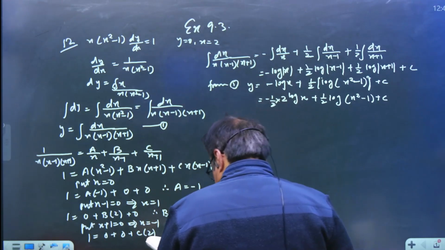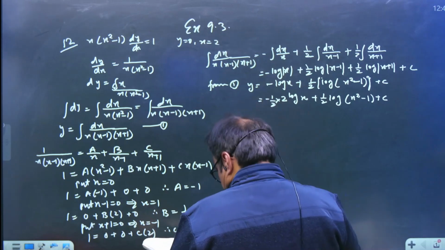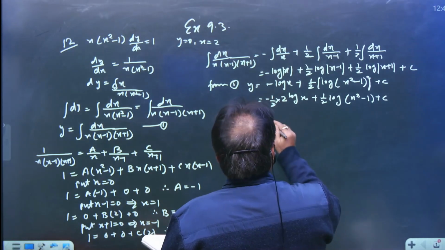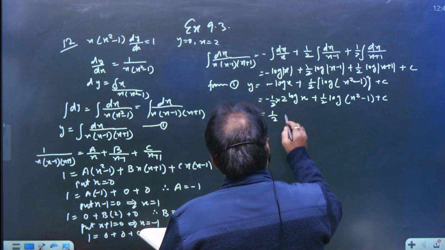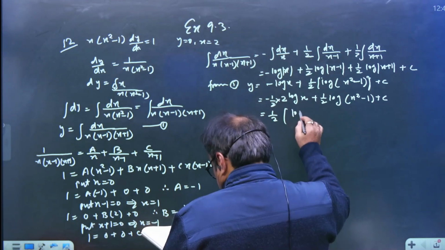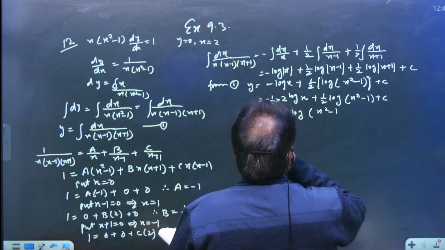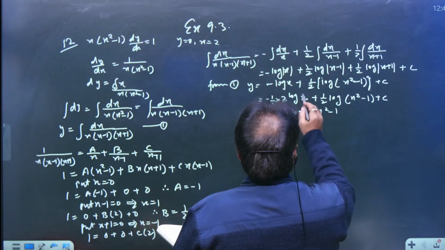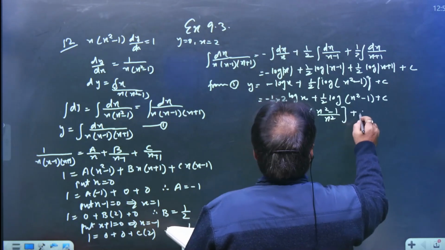Okay, so now take 1 by 2 as common. So 1 by 2 log of x square minus 1 and divided by, this is log of x square, which means x square, and plus c.